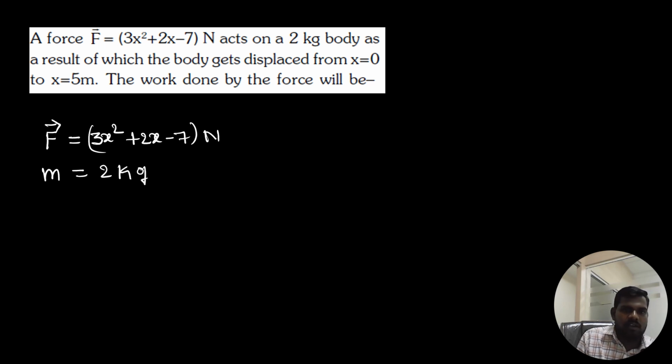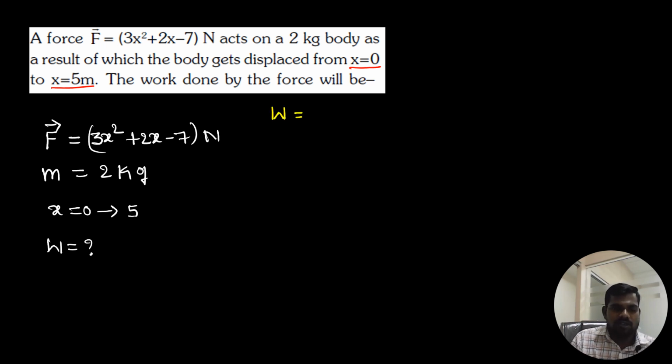This is from x is equal to 0 to x is equal to 5. Then we need to find out the work done. Same formula I will take. Work done is equal to the integration, limits are 0 to 5, of 3x square plus 2x minus 7 into dx.